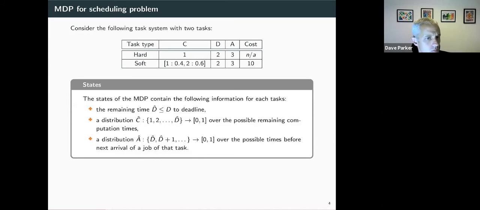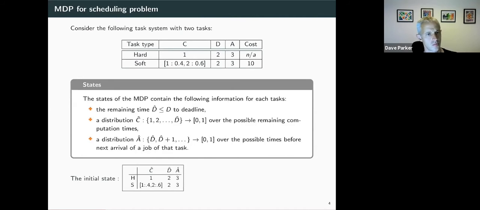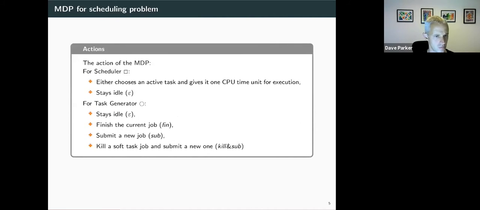A state of the MDP would contain the following information: the remaining time to the deadline, a distribution over possible remaining computation time, and a distribution over possible times before next arrival of a job of that task. So for example, this is what the initial state would look like. The two players correspond respectively to the scheduler and the task generator.